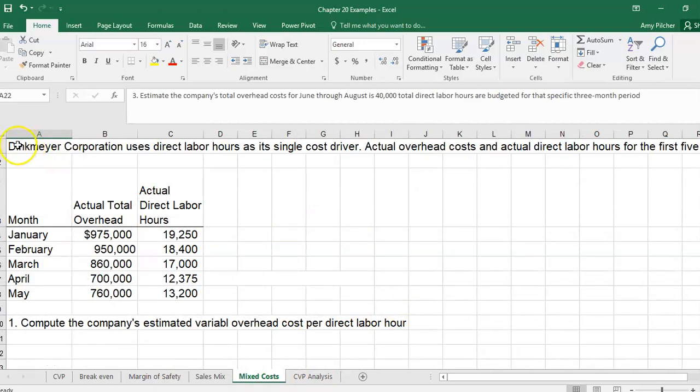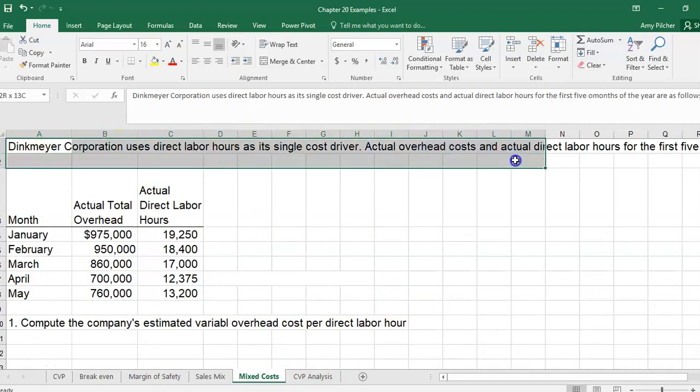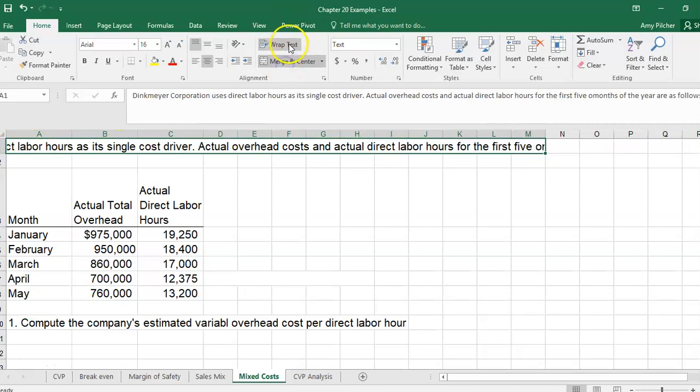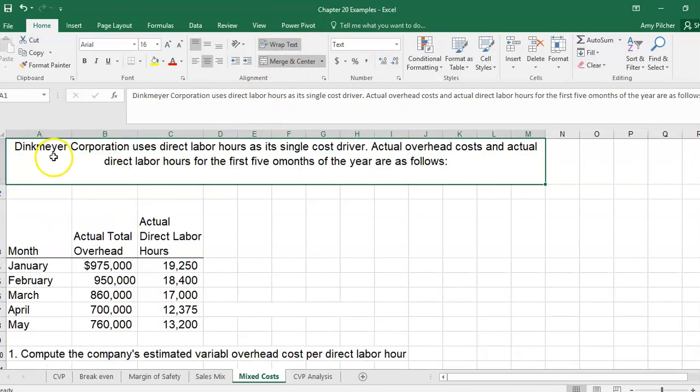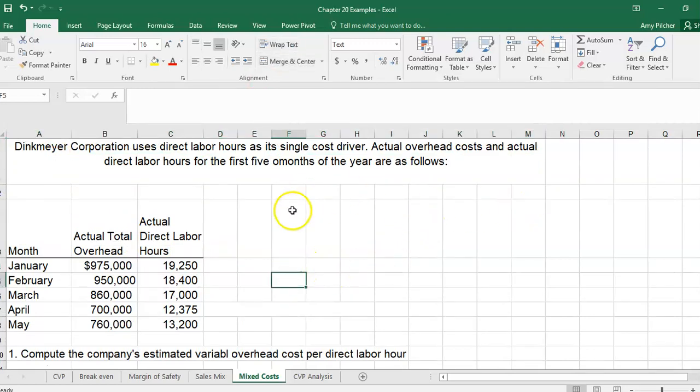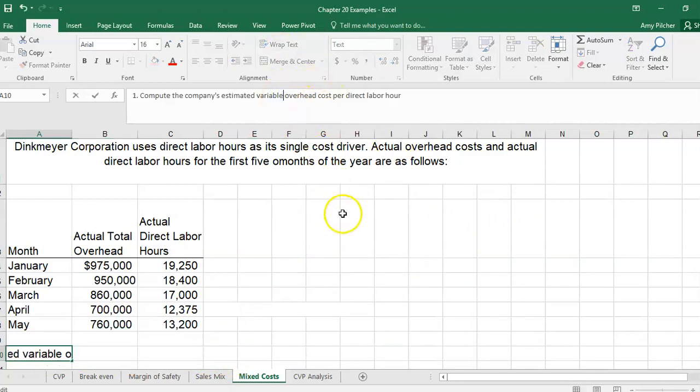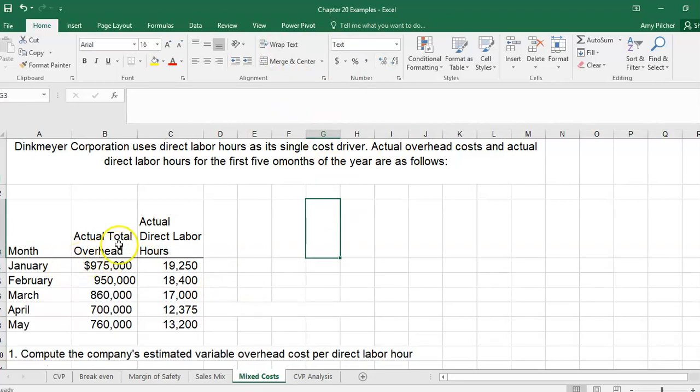The next thing that Chapter 20 talks about is mixed costs. So we're going to look at this example of how to calculate what the mixed costs are. We want to look at the variable and fixed costs. We're trying to predict when what we have is the total amount and whatever our overhead base was. We're going to use what is called the high-low method.